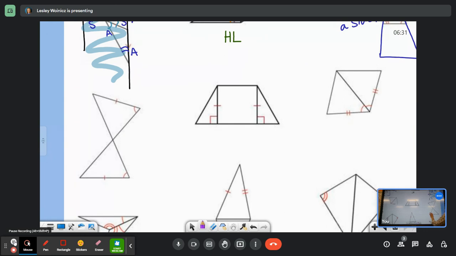Here I have two angles already congruent, two sides congruent, and I have a second pair of angles right here. So this is angle, angle, side.